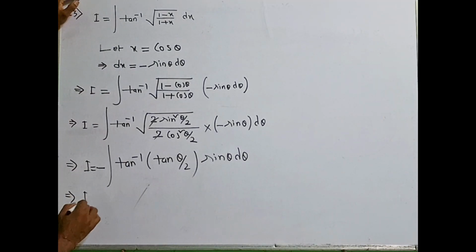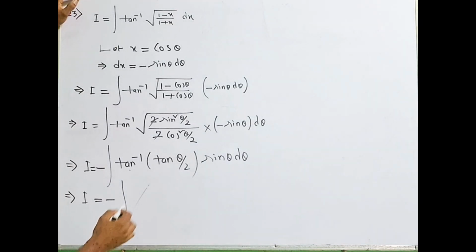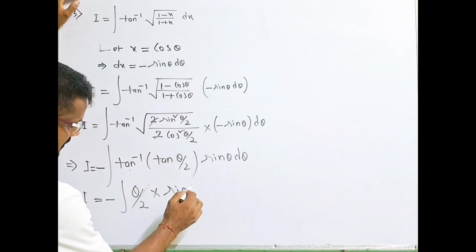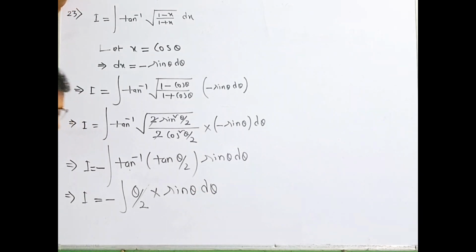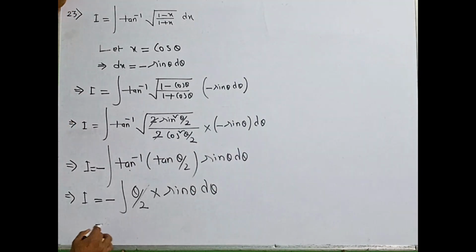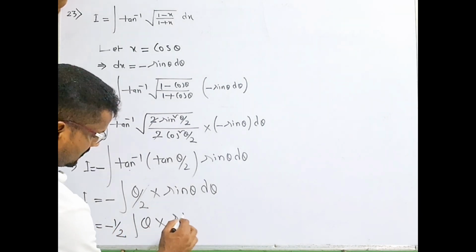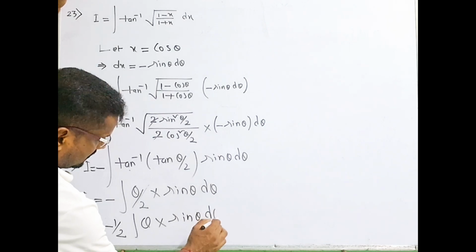This implies I equals minus integration of tan inverse tan, an identity function, theta by 2 into sin theta d theta. So almost you have done. That is finally negative half, a constant outside the integral sign, theta times sin theta d theta.